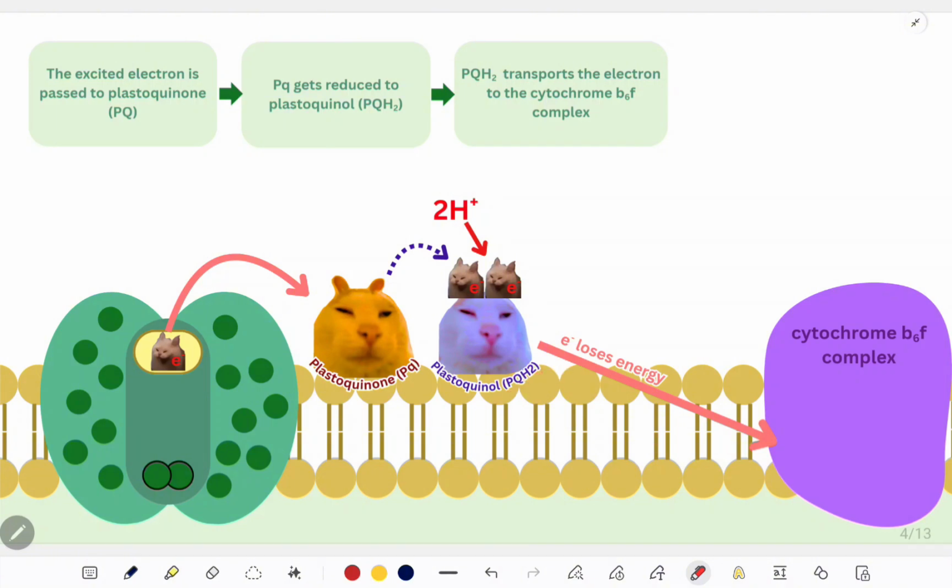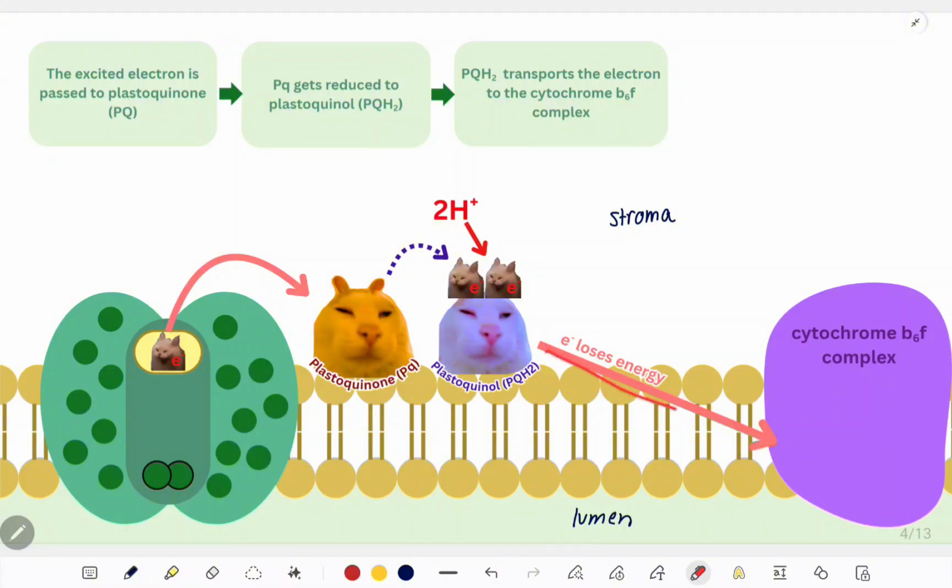And PQH2 at the same time also takes 2 protons from the stroma, from the fluid in the chloroplast, the outside of the thylakoid. And it will make its way to the cytochrome B6F complex.